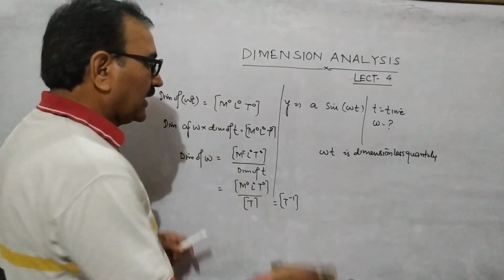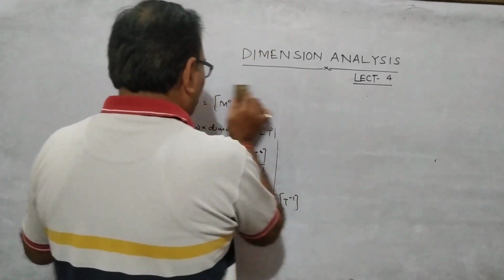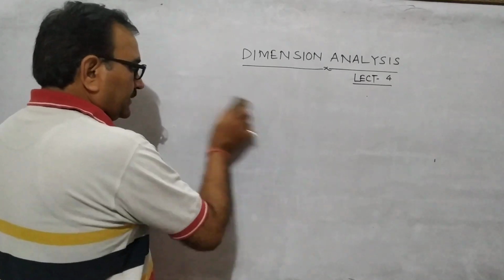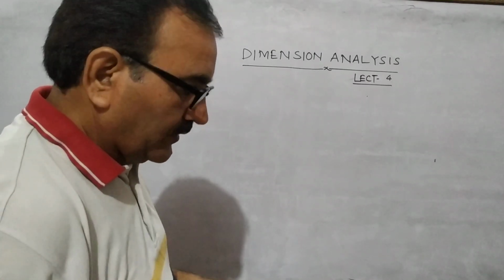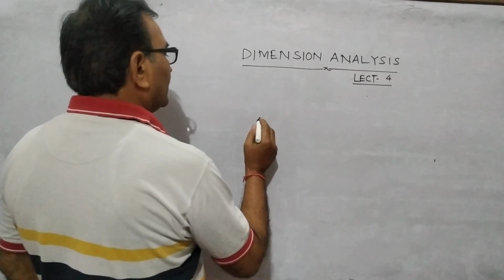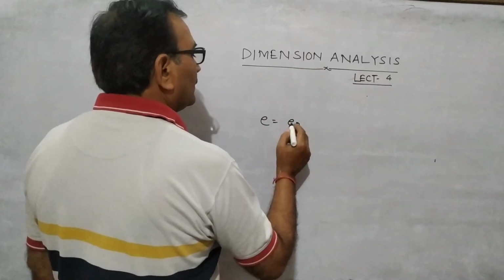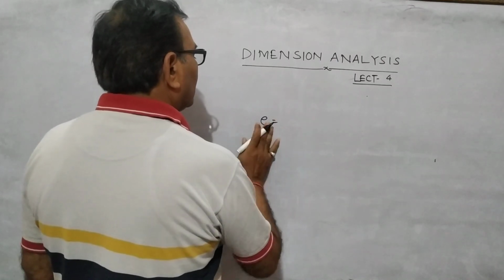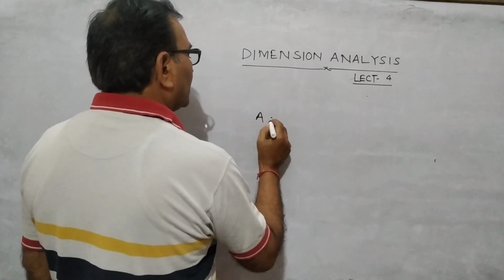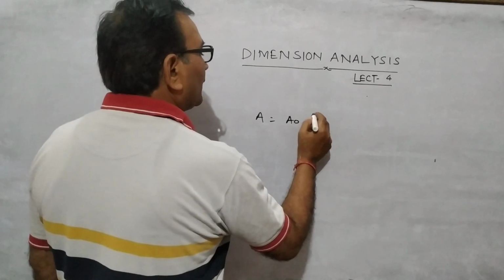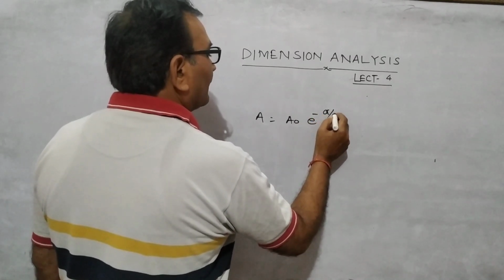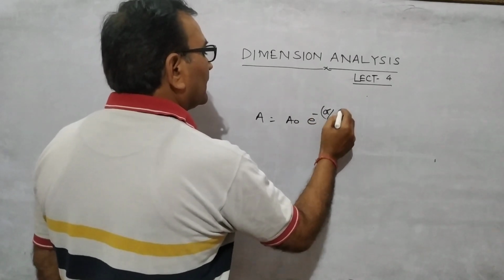Now see another question related to this one. Suppose you have E equals E0 e to the power minus alpha upon t square.